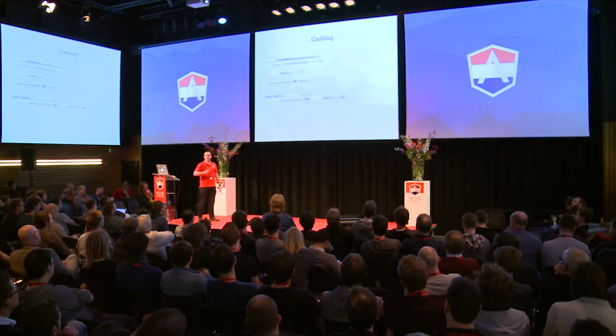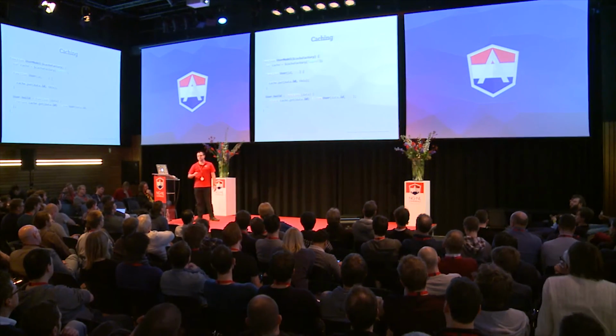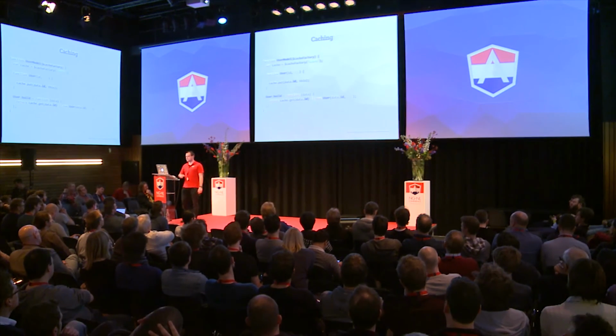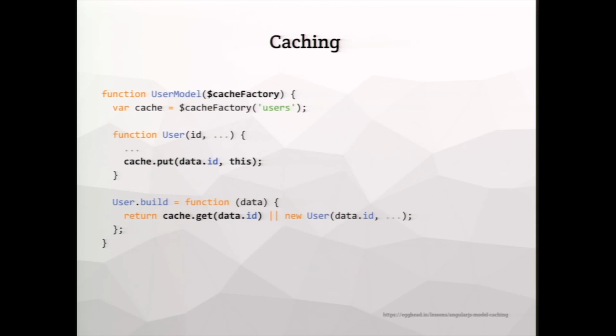Well, with caching, you can prevent that. Understand this is a different type of caching than the caching you use to prevent HTTP requests all the time. It's not for performance reasons. AngularJS has a nice cache factory service that we can use.